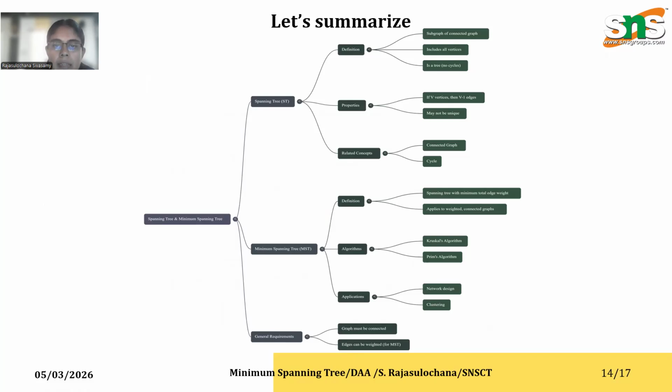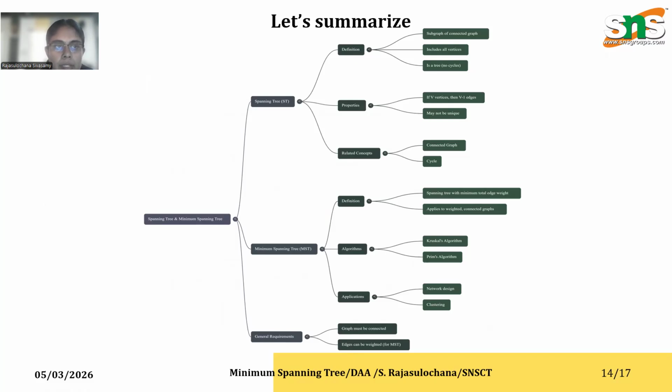We have also seen what is minimum spanning tree. The spanning tree with minimum total cost is minimum spanning tree, and it can be applicable only to a weighted connected graph. A spanning tree can be constructed only for a connected graph. However, minimum spanning tree can be constructed only for a weighted connected graph. The algorithms used for identifying minimum spanning tree are Prim's and Kruskal algorithm.